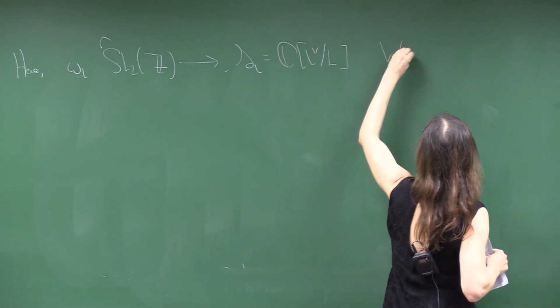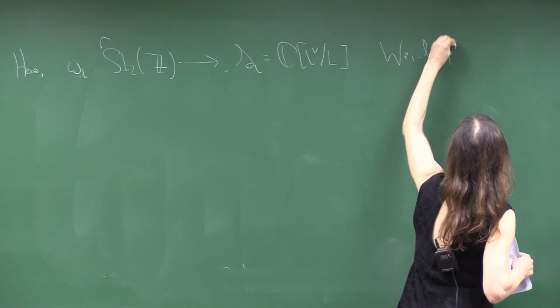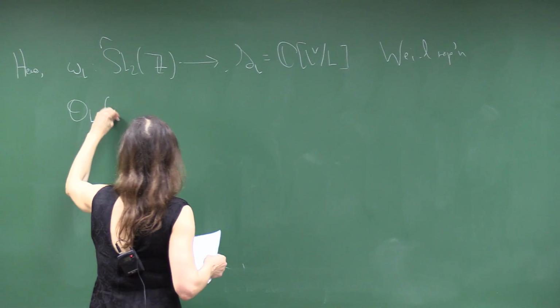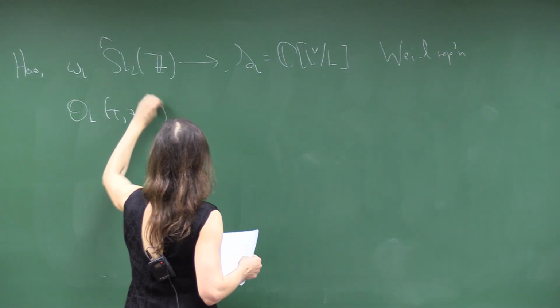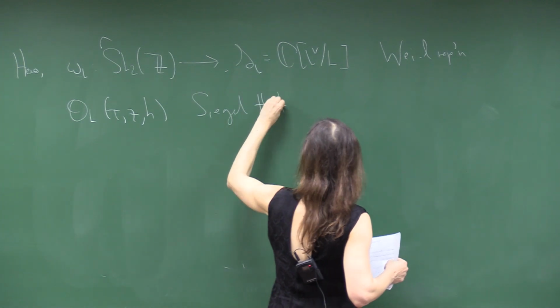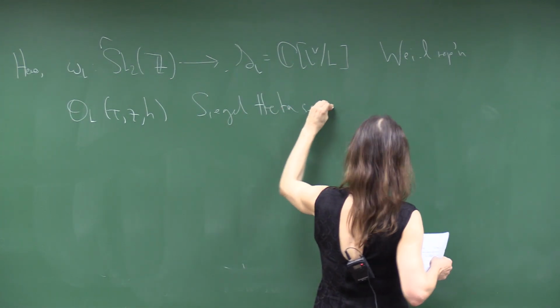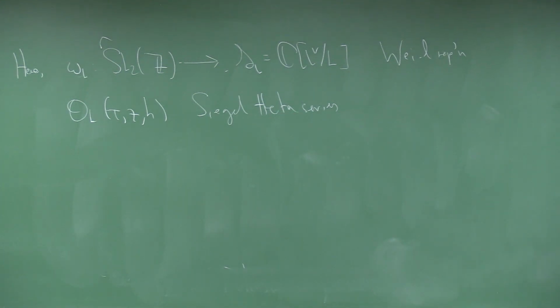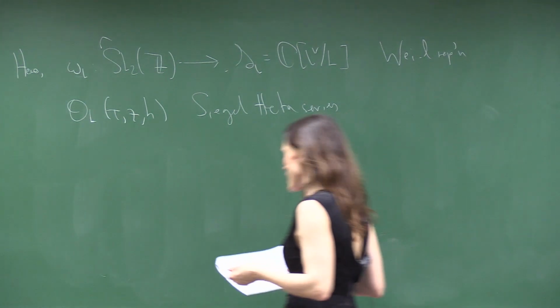So this is the Weil representation associated to the lattice. This is a Siegel theta series. And F, as I wrote before, is a harmonic weak Maass form of weight k equals 1 minus n over 2 and representation omega L.